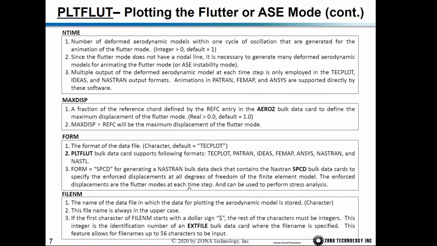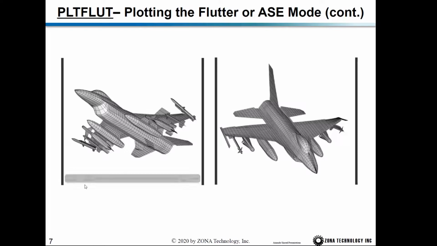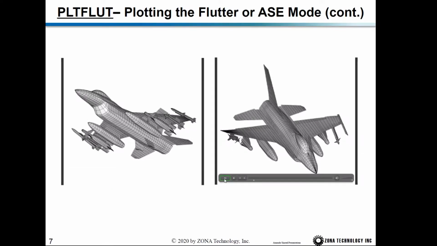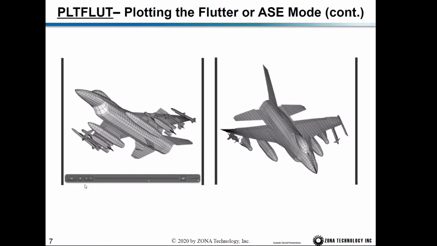Then you can perform a stress analysis. Then you will find out at which time step the highest stress region occurs. That means if the structure flutters, it's going to break at that region. And for this one you give a file name. And so you can do a flutter animation. You use the FLUTTER card.